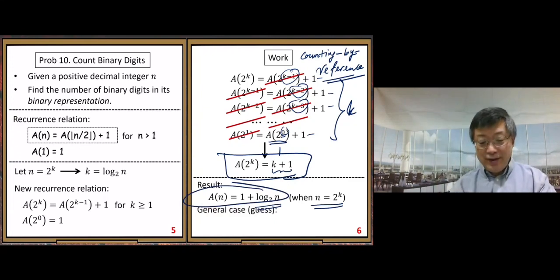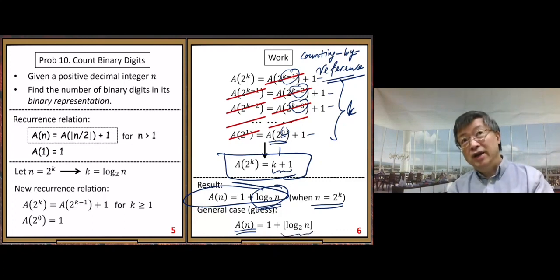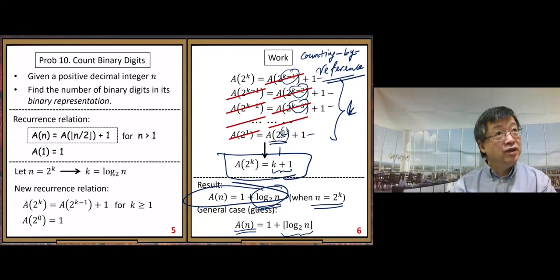Here is the general guess we can make: A of n equals 1 plus... we know that A should be an integer. So here, log base 2 of n is not necessarily an integer. Can we take the floor function to make it an integer? But you may ask me why you do not use the ceiling function to make it an integer.